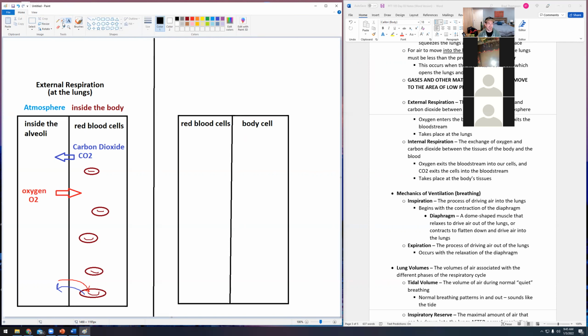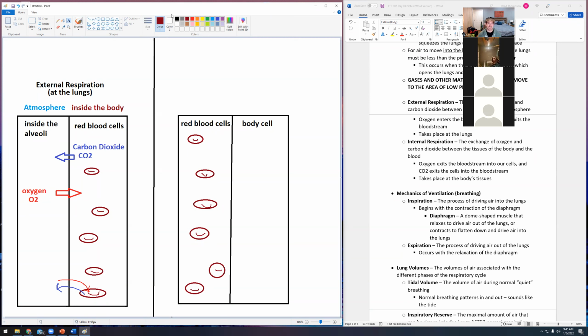So what's going to happen here is we're going to have all these little red blood cells. Let me draw some of these real quick, and give them their little donut shape. And what's going to happen is the exact opposite.